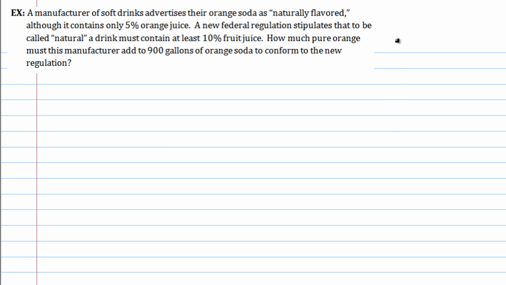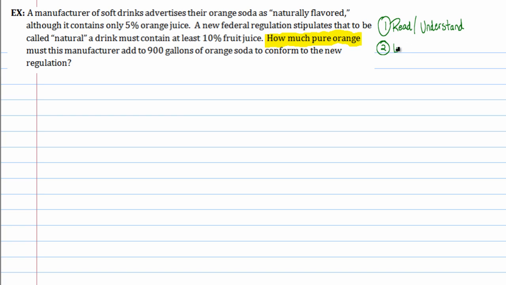Okay, so let's state that we've read it and understand it. Let's also label the unknown here. How much pure orange juice? Aha. So that must be the thing I'm looking for. The thing I'm looking for is how much pure orange juice. So we'll choose a variable. O is not a good one.